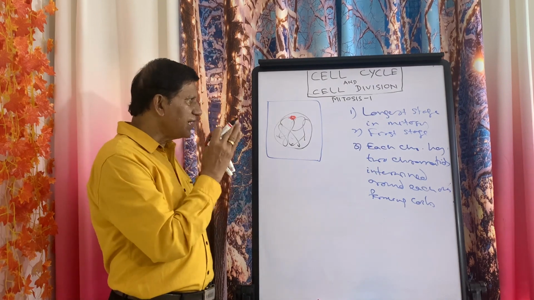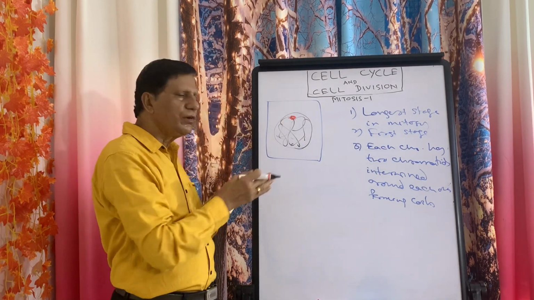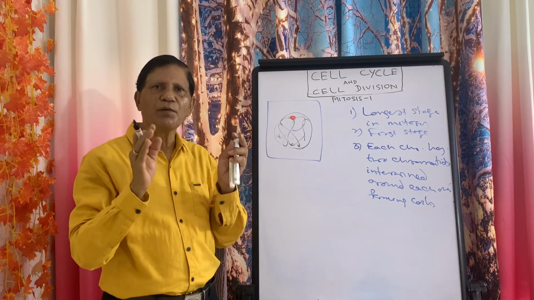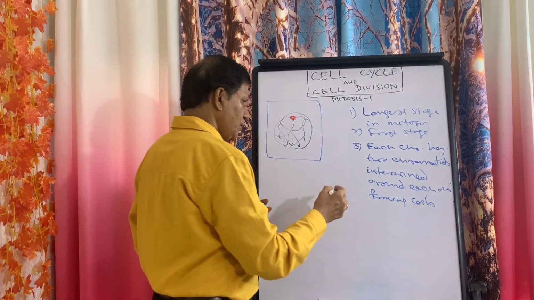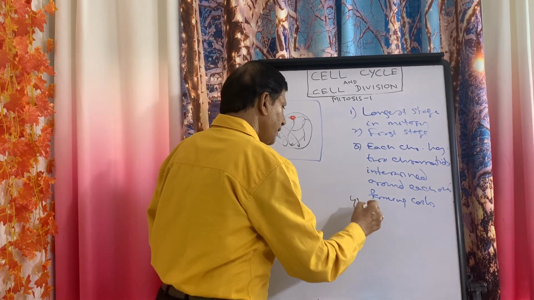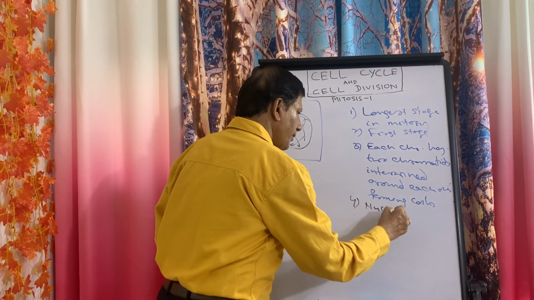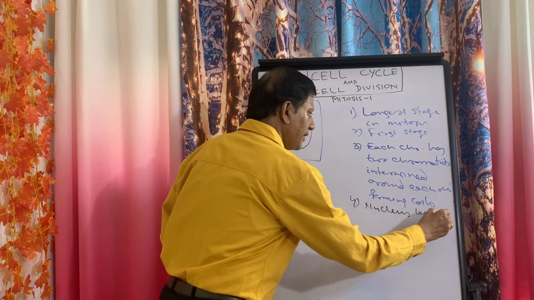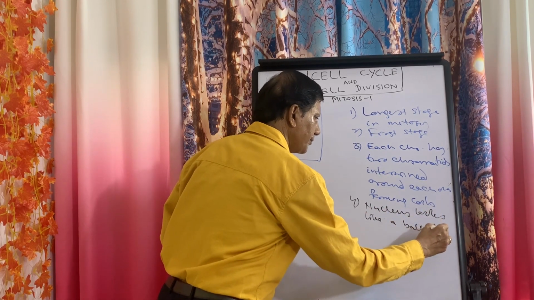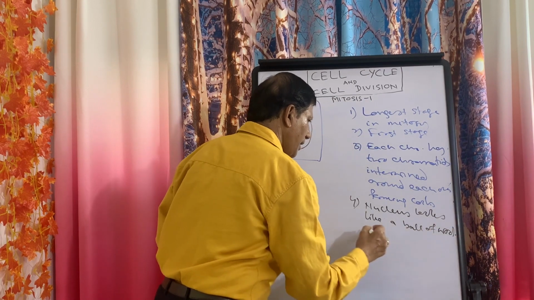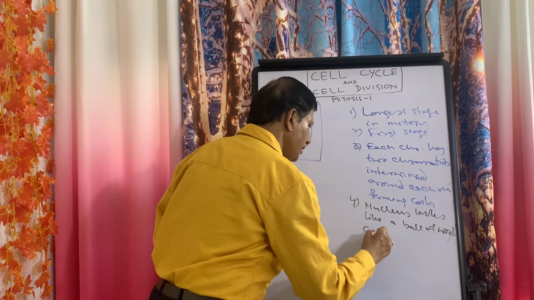At this stage, the whole nucleus looks like a ball of wool, which is known as the spireme stage. So the next point you can write: nucleus looks like a ball of wool, which is known as spireme stage.